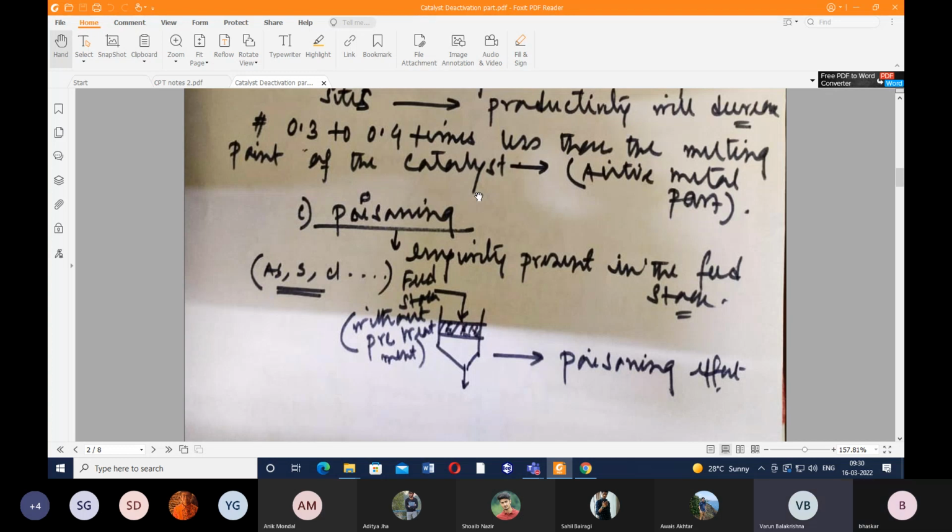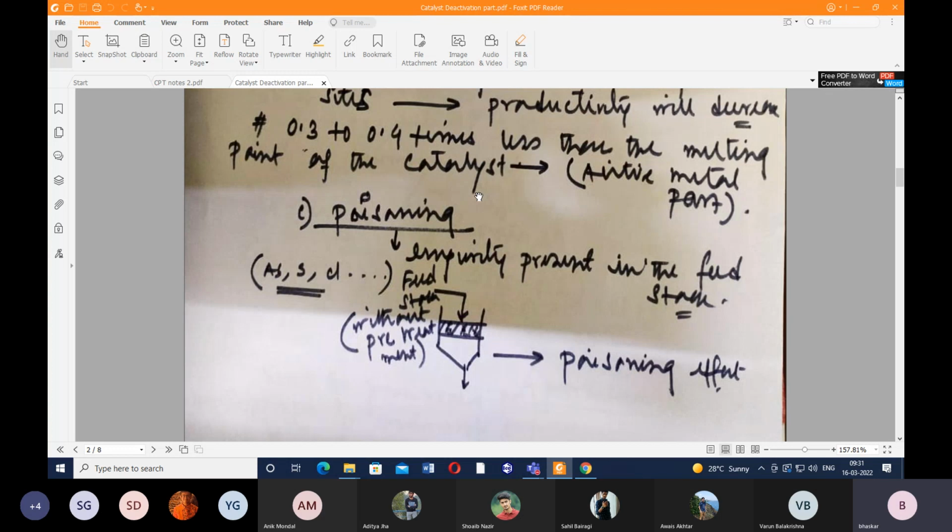Mercaptan could be one. Mercaptan is one, and what else? Can hydrogen sulfide also be considered? Hydrogen sulfide is the product, not the impurity.